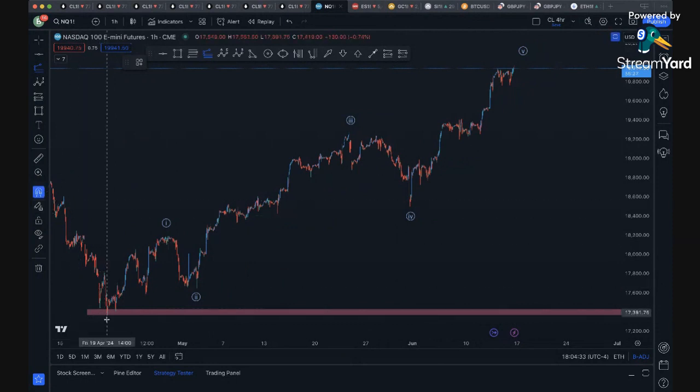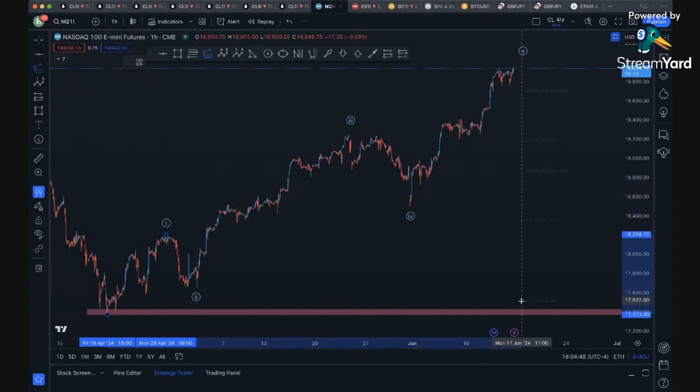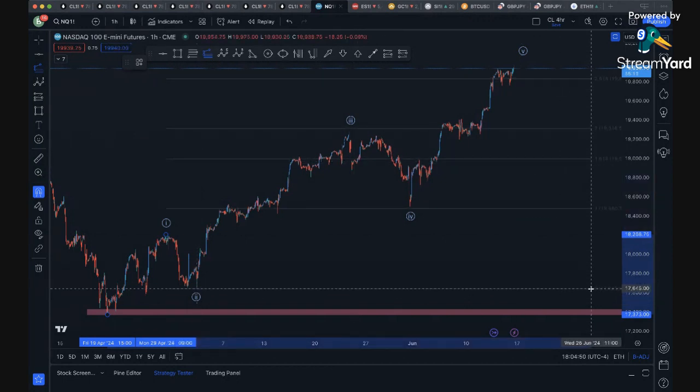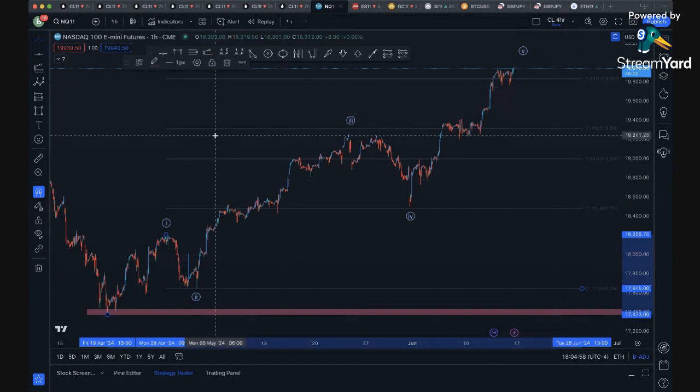Now, for a 5-wave move in Elliott wave, a standard projection would be the 200 fib, but that's just a guideline. So it can exceed that. It could come up short. There's a bunch of different variations, but just to keep it uber simple for the purposes of this video, I'm just going to keep it moving. And I'm not going to bother getting these fibs exactly where they should be.